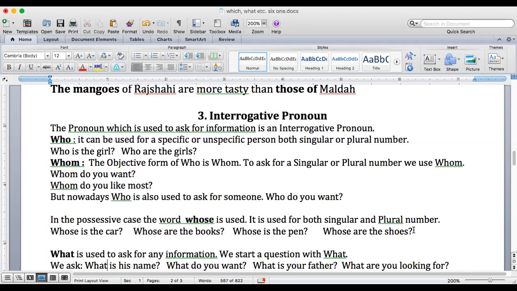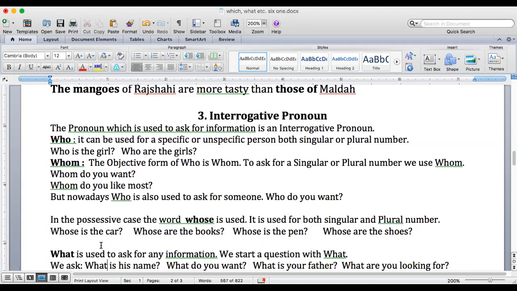Remember, that means who do they belong to? The shoes belong to whom? The pen, whose pen is it? The books, who are the owners of the books? So we use one word, whose. The car, who does it belong to? So we say whose car, whose is the car? Whose are the books? Whose is the pen? Whose are the shoes?